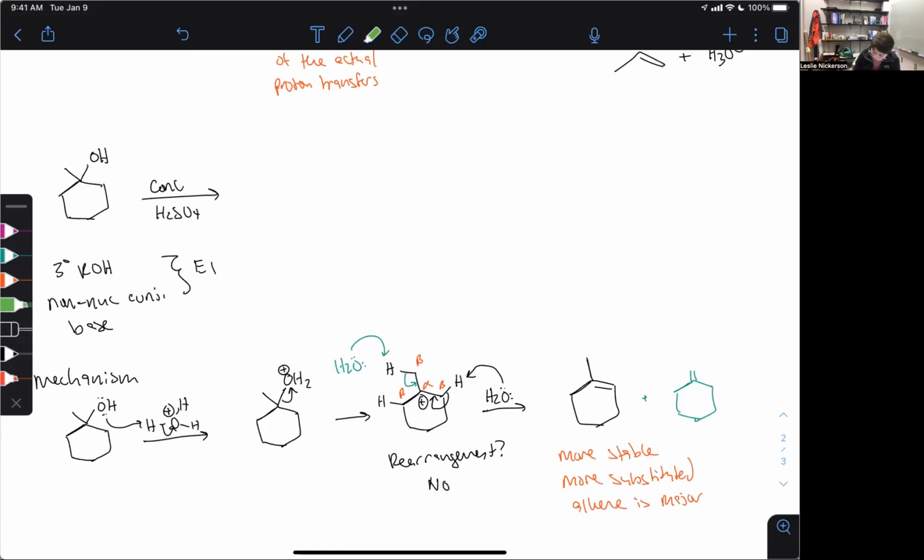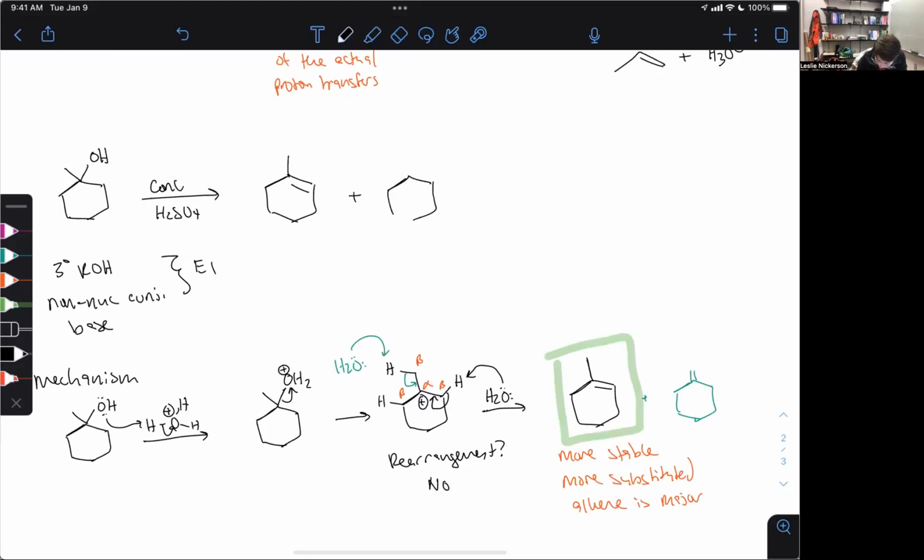Okay, so we're looking at this as being our major product and then the other one being our minor product. But the thing that I want you to think about here, so we got these two products, is that essentially this is the only way to really get E1 as a major product.